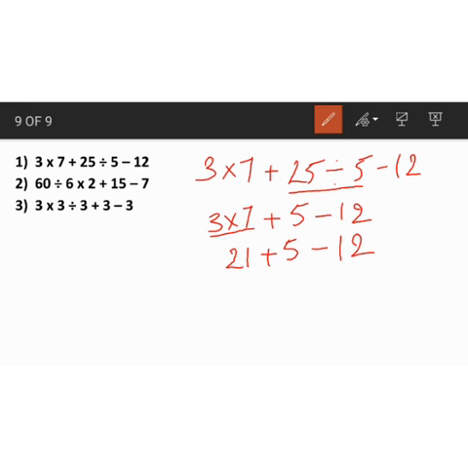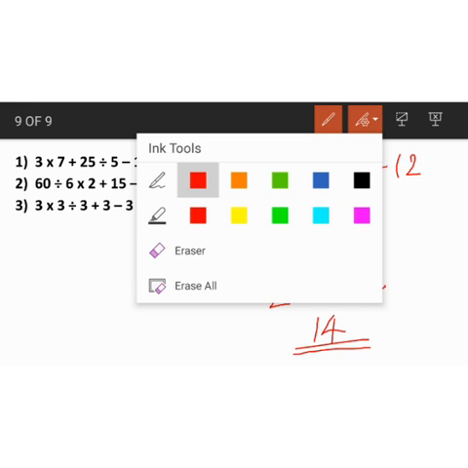Now between addition and subtraction, we have to do the addition first. So 21 plus 5 will become 26 minus 12. Now we can do the subtraction. So this will be 14. So the answer will be 14. This is how we do the numerical expressions.